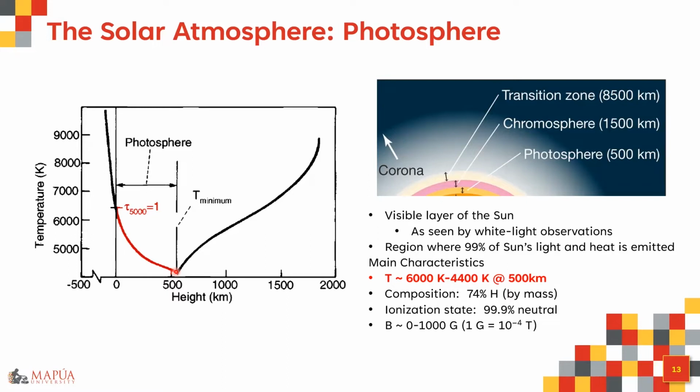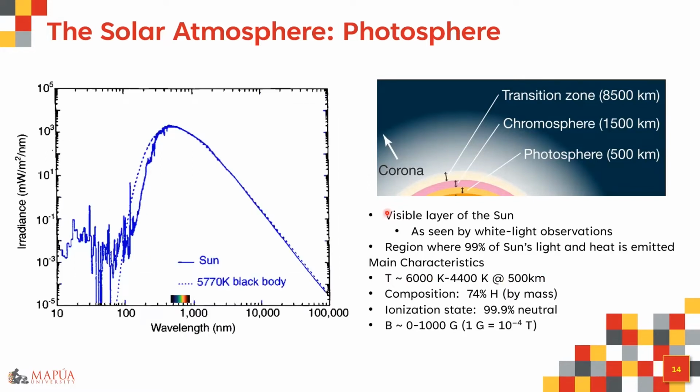So as mentioned earlier, this region of the sun is the one that is visible. So what we're actually observing from the sun right now is mostly in the visible range, as well as other regions of the electromagnetic spectrum. And as you already know from your modern physics class, the sun's radiance can be estimated by a black body at 5,700 Kelvin.